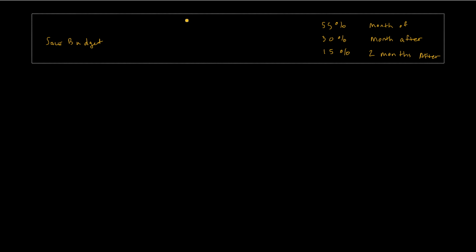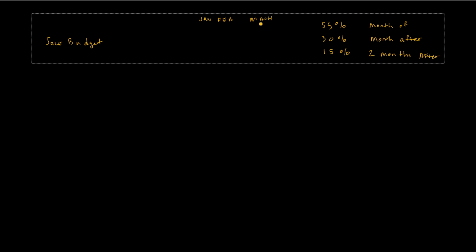So they give us sales information, right? They start out with January, February, and we have March.